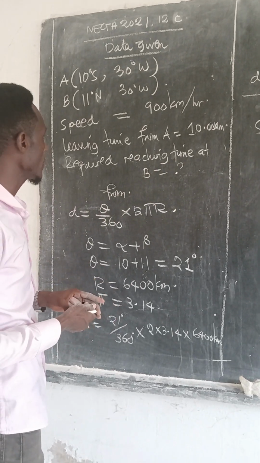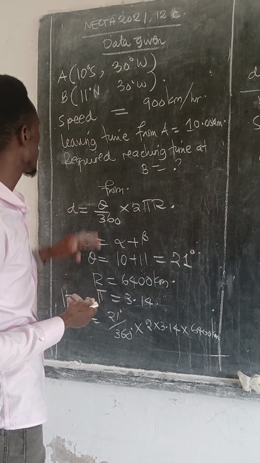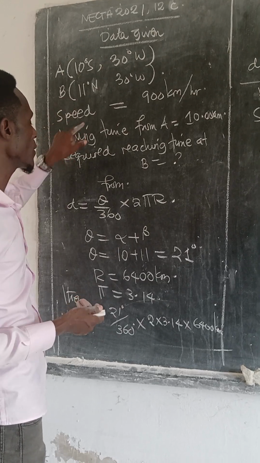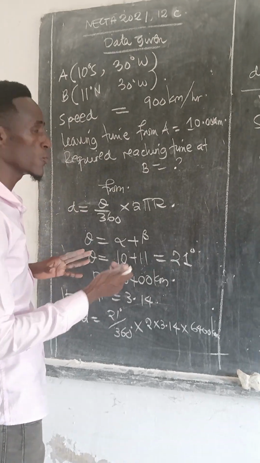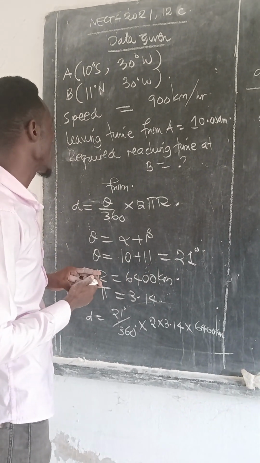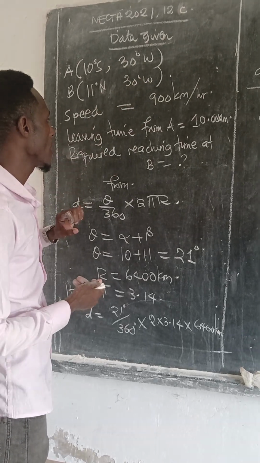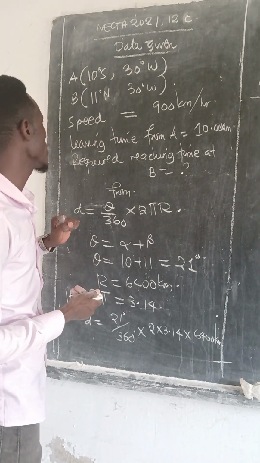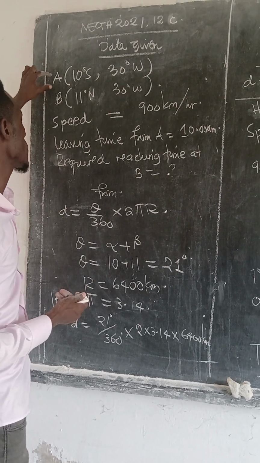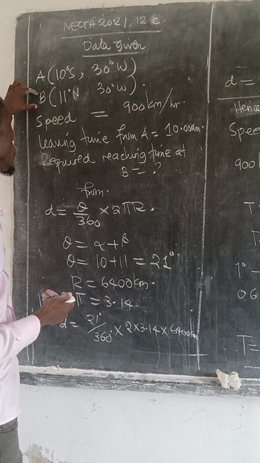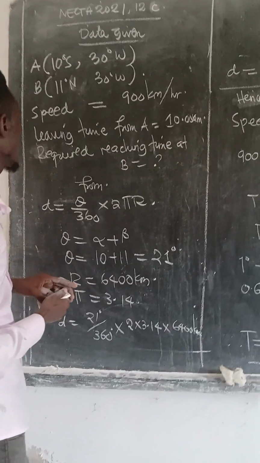It's very simple. First of all, we know the speed, and the formula of speed is equal to distance over time. We can obtain the distance from point A and point B by using the formula for distance.